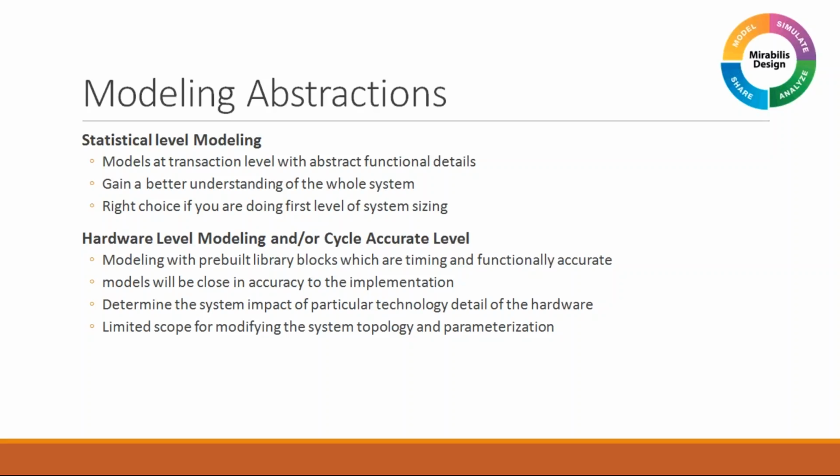It could be a complete system like a data center, or an avionics system, or a complete high-performance computing system itself, and things like that. You can capture your complete system architecture within a few hours of modeling effort.